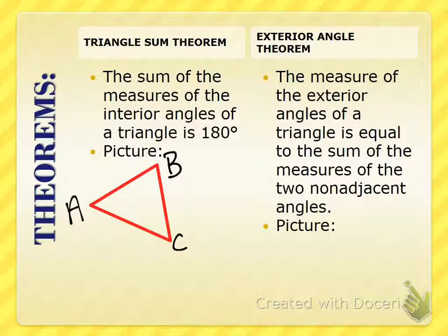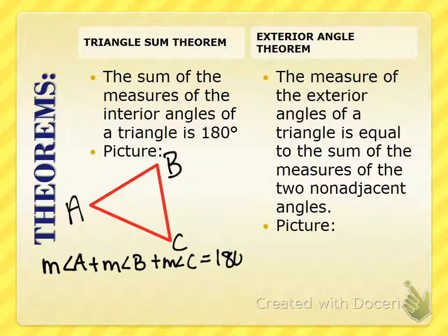So this theorem states that the measure of angle A plus the measure of angle B plus the measure of angle C is always going to equal 180 degrees. If you add up the three angles inside of a triangle, you will get 180 every time.